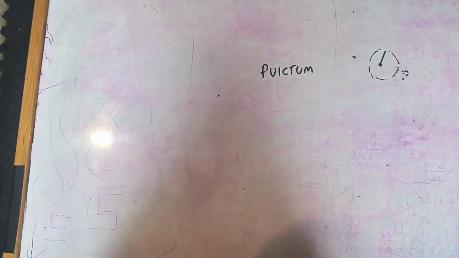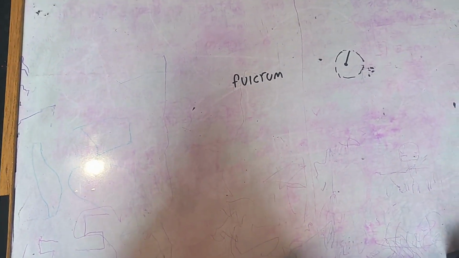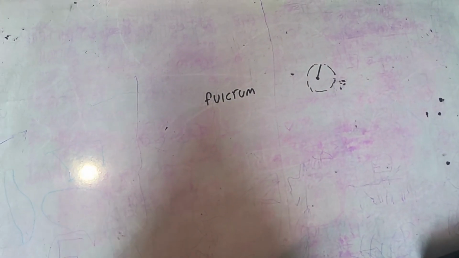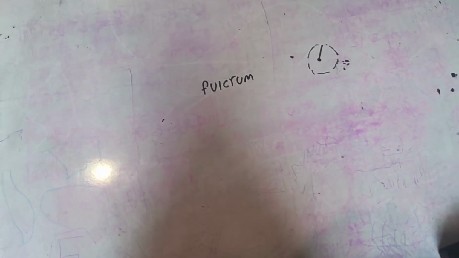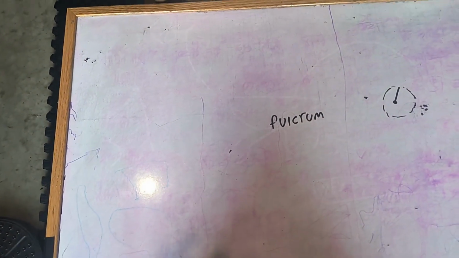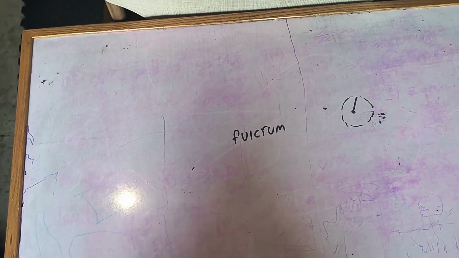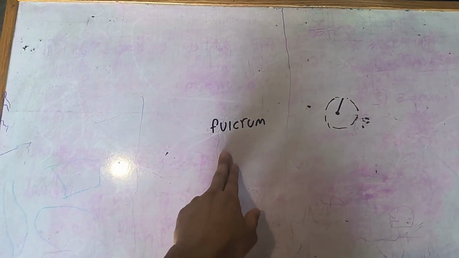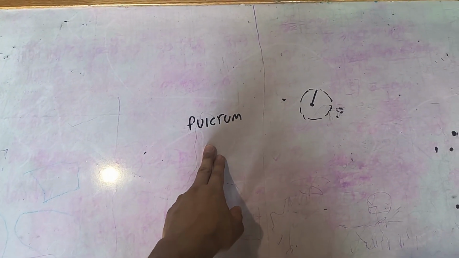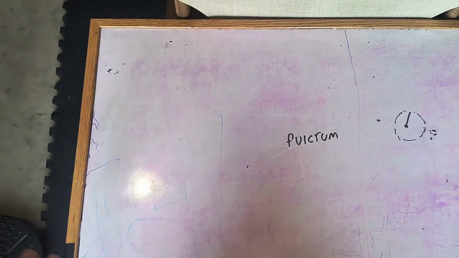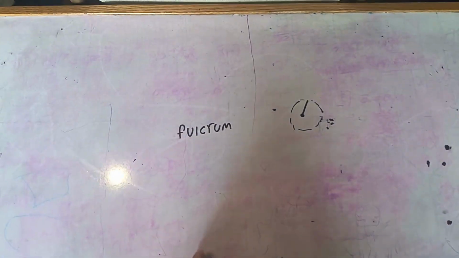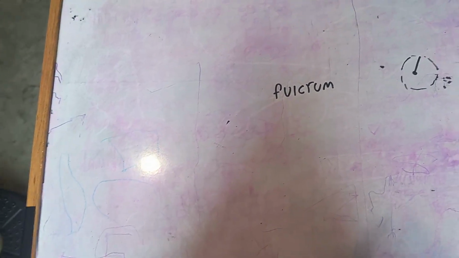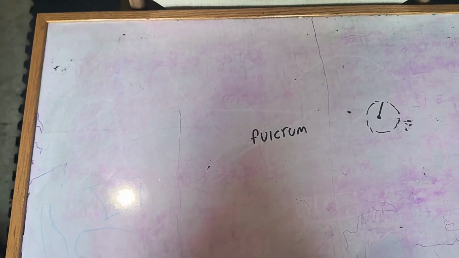And there are three classes of levers. The first class is whenever the fulcrum is between the load and the effort. Well, what is load and effort? Load is the thing you're trying to lift.